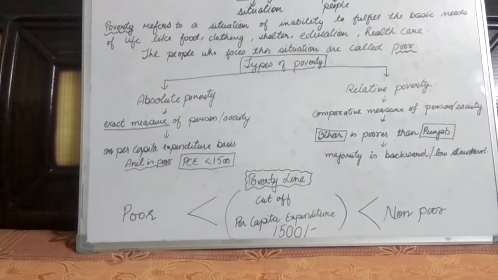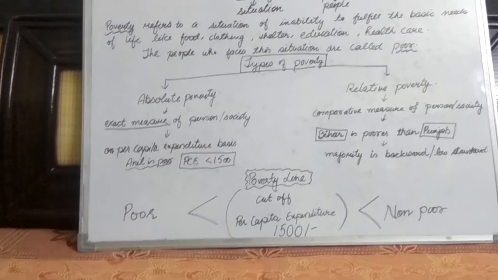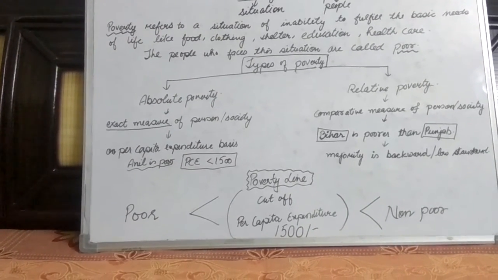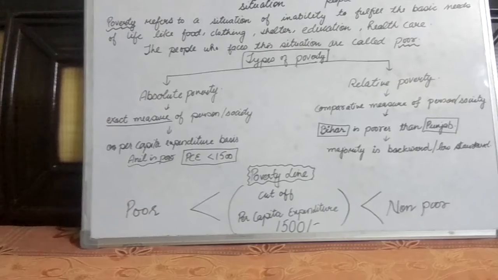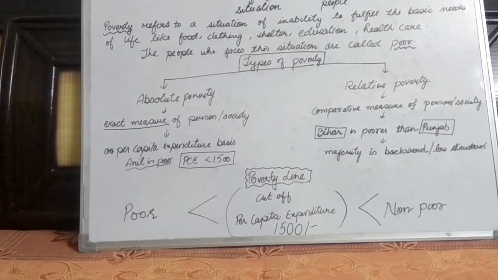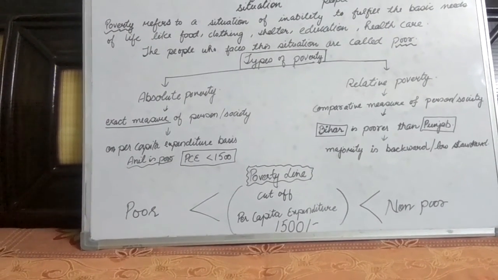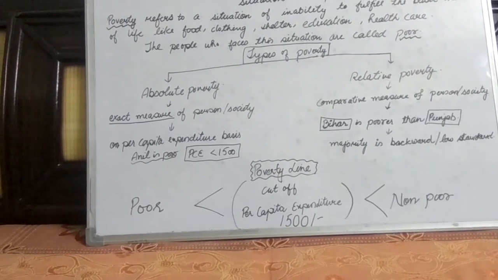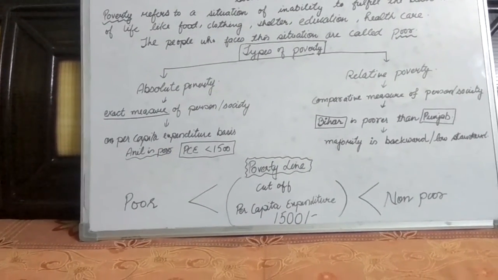So the persons who are unable to reach this particular consumption expenditure amount are termed as poor, and those who are able to meet their basic needs of life with this amount of rupees 1500 are considered as non-poor persons.